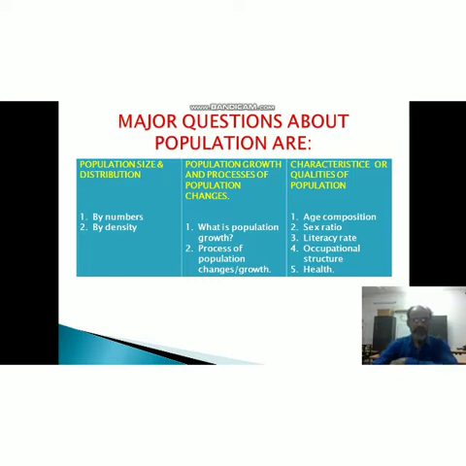Second point, population growth and processes of population change. In this topic, we will discuss what population growth is and what the processes of population change and growth are. Third one is the characteristics or qualities of population. In this topic, we will learn the age composition, sex ratio, literacy rate, occupational structure and health.